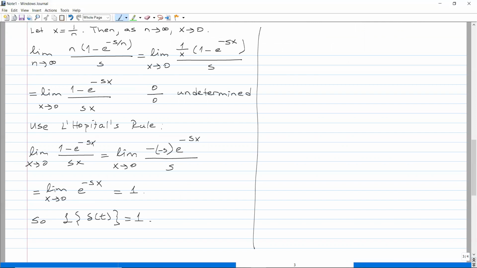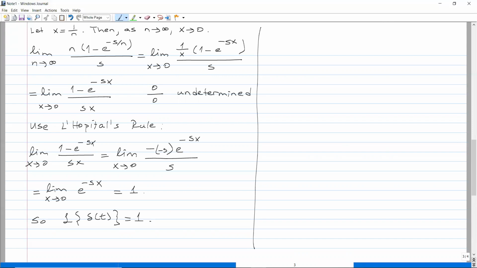Now, as I said, consider this as a formal function, a generalized function, something, think about it just as some notation. This notation, delta t, its Laplace transform is equal to 1. Of course, it has a physical application.